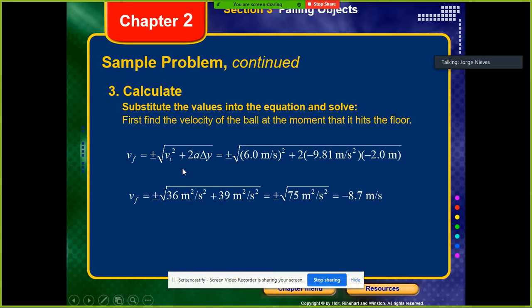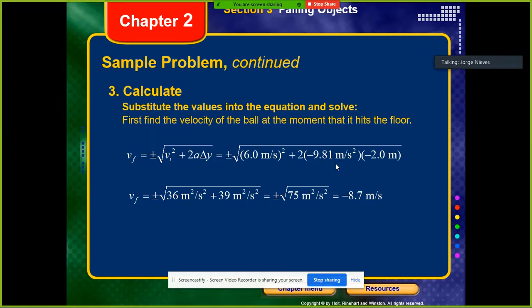When we do all this, the first thing we're going to do is 6.0 squared. That's going to be 36 meters squared per second squared. And we're going to multiply negative 9.81 times negative 2.0, and we're going to add 2 to all that.